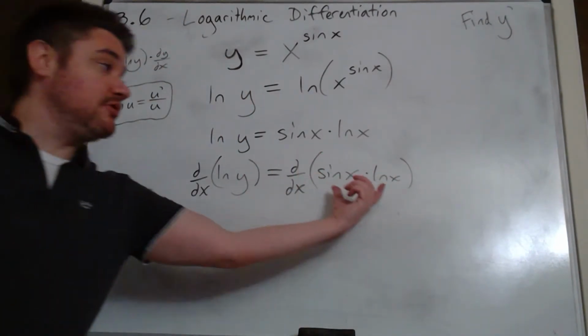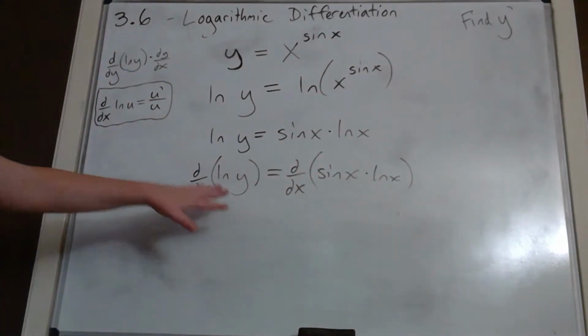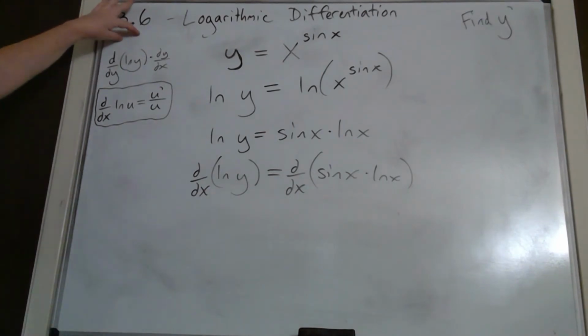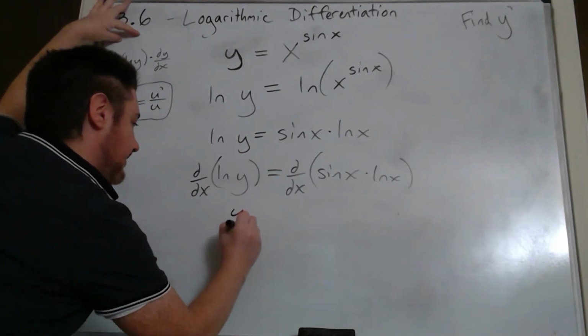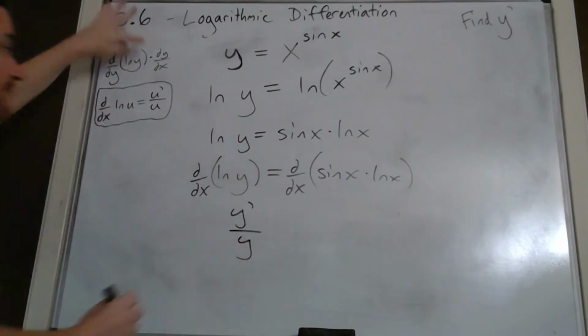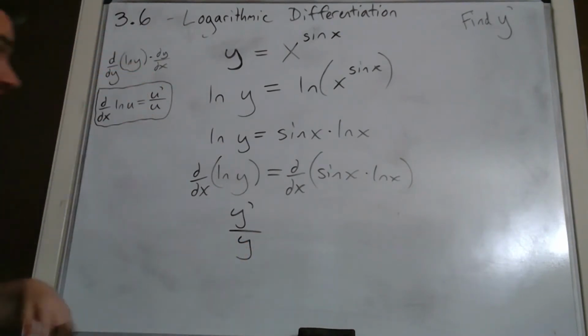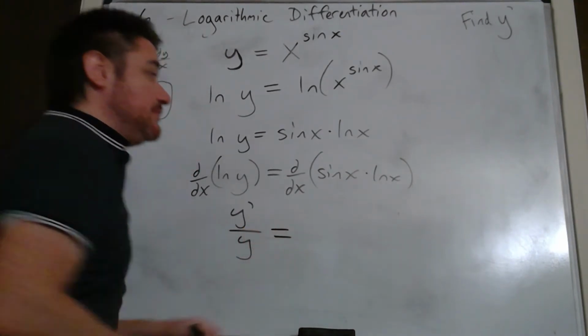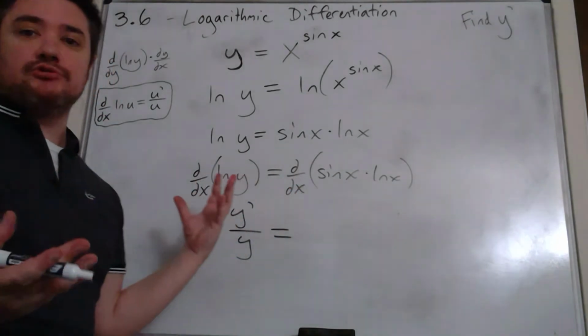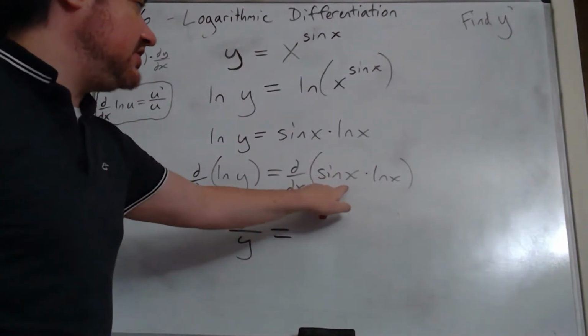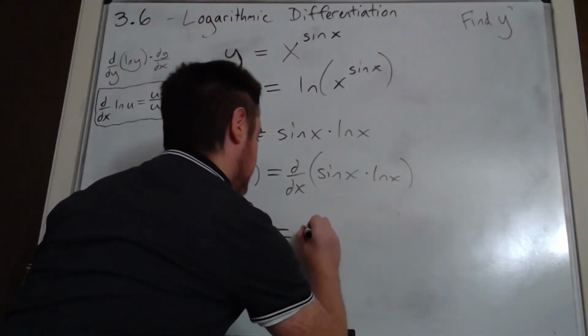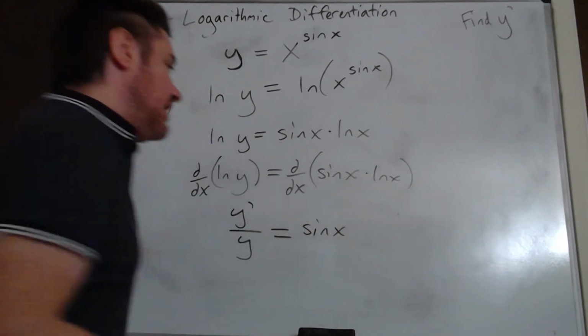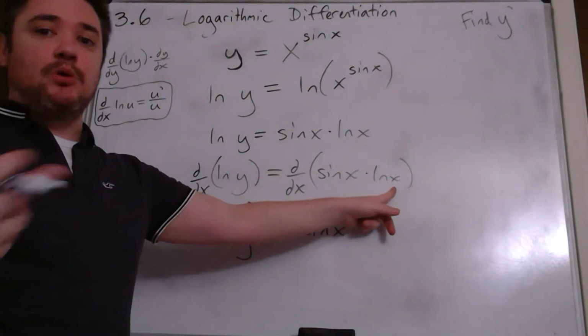Okay, so product rule over here. Over here, we got a little chain rule application. We're going to get y prime over y. I explained that a little bit in the previous video, so you can go ahead and double check that. And that's equal to, here, let me try to step through a product rule quickly. So I've got the first function times the derivative of the second function. So sine of x times the derivative of natural log of x is 1 over x.